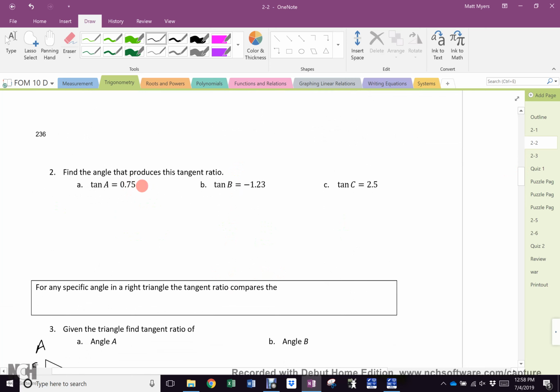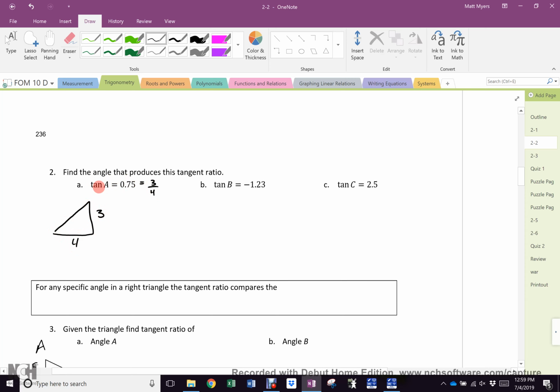So what is this as a fraction? It would be 3 over 4, correct? So if I drew this triangle, this would be 3, this would be 4, right? Just like our example on the front page, correct? But this time, I already know the decimal. I need to find the angle. My calculator can do that too.